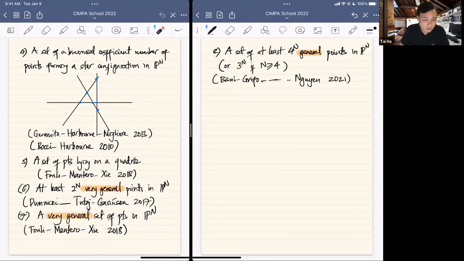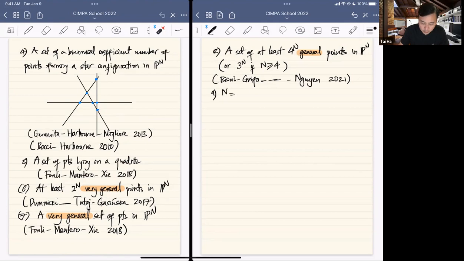Okay, and then the next natural question. Well, here we have a bound for the number of points, just like here they have a bound for the number of points. What happened to a smaller number of points? So there's a recent result by Bisui. Maybe I should write the result first.